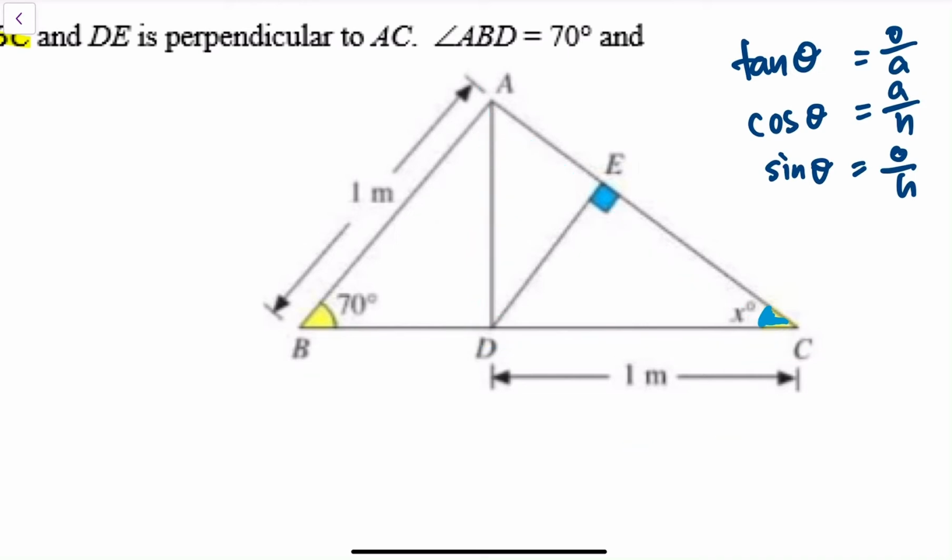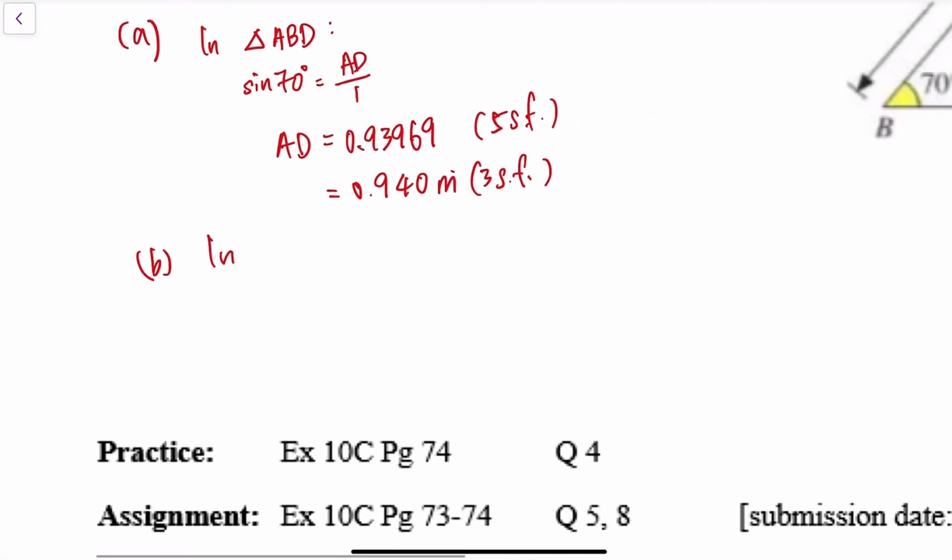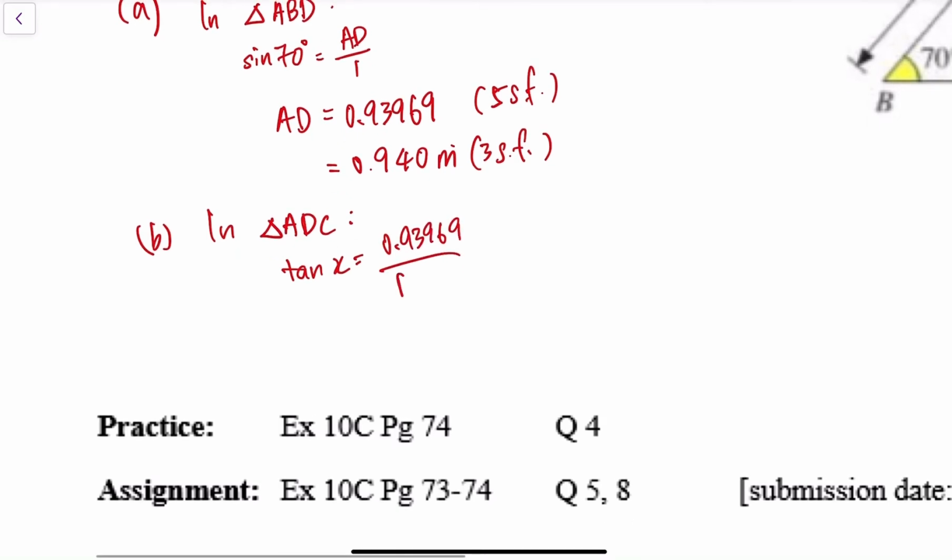I use tangent. So I come to this question. Label what triangle you're using. I'm using triangle ADC. So tangent X equals 0.93969, 5 SF from the previous question, divided by DC, which in our case is 1 here.